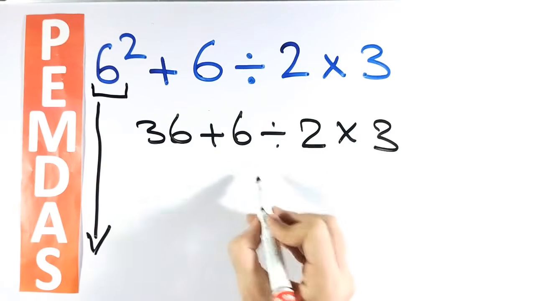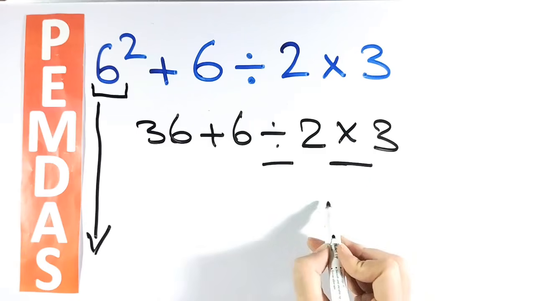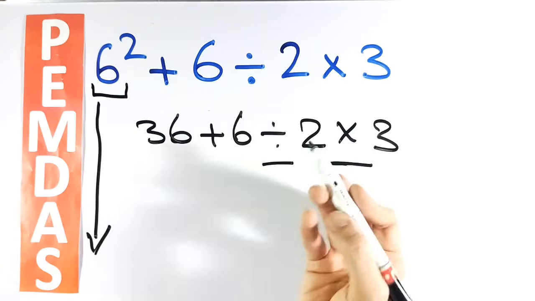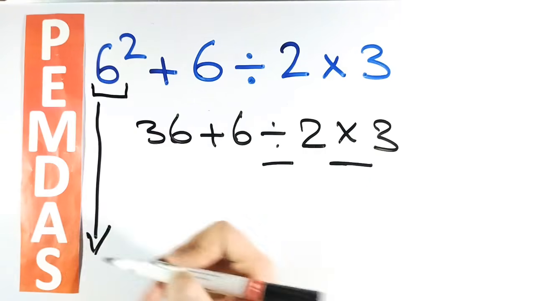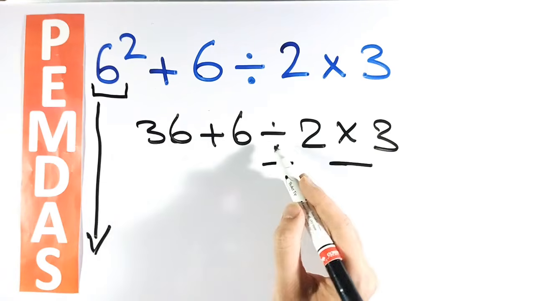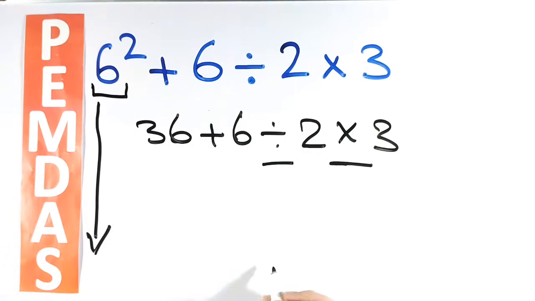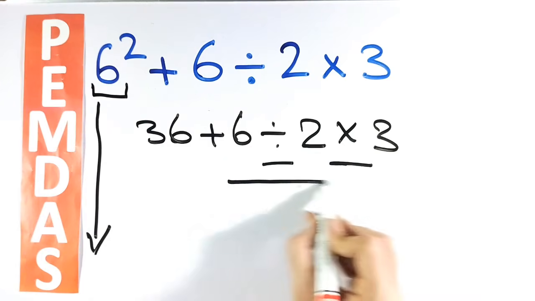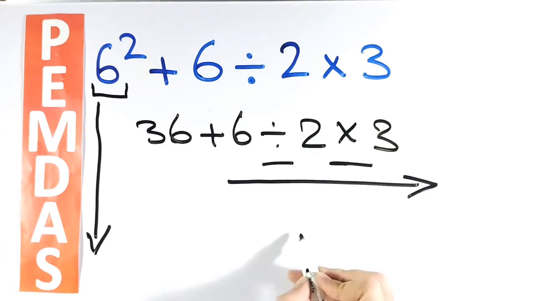In the next step, we go to the division and multiplication, because multiplication and division have a higher priority than addition. However, it's really important to understand that multiplication and division are at the same level of precedence, and we must perform these two operations from left to right.